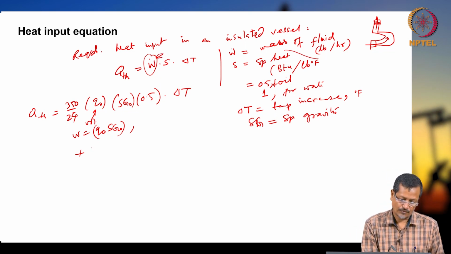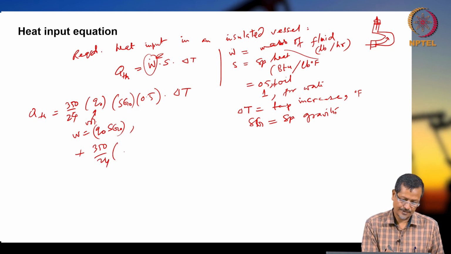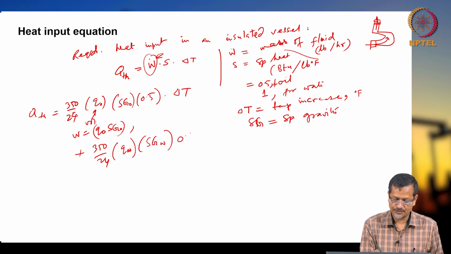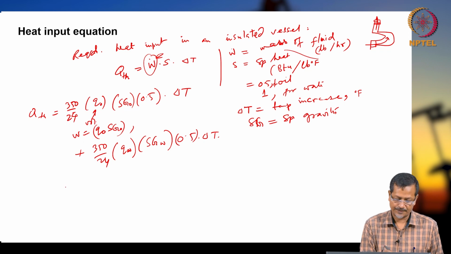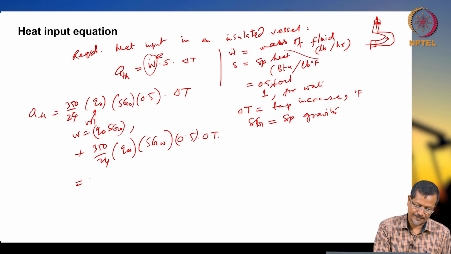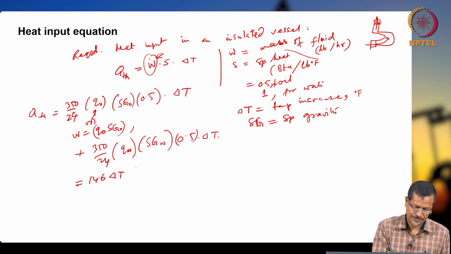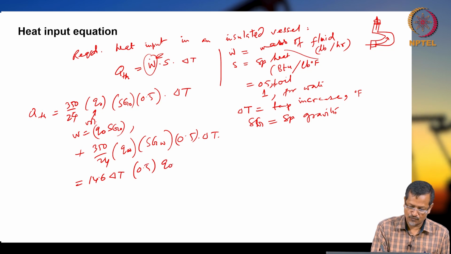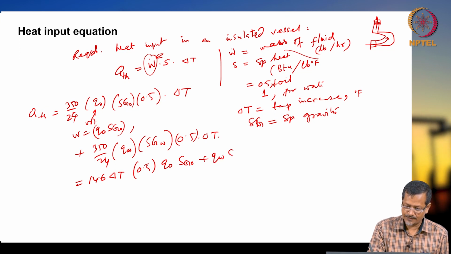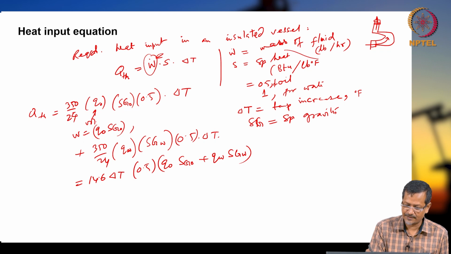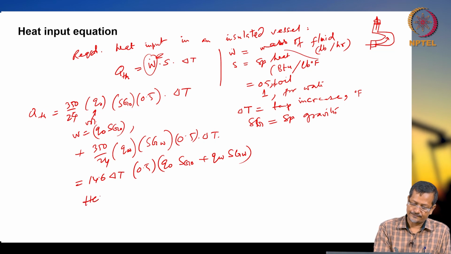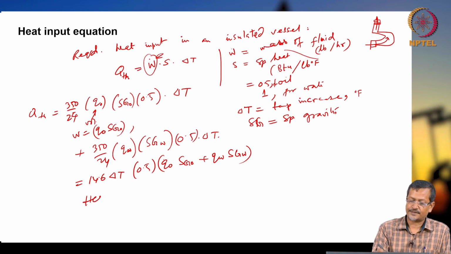So, 350 divided by 24, now Q oil, Q water, SG water 0.5 del T. If you summarize all this, it will come like this: 14.6 del T, 0.5 Q_O SGO plus Q_W SGW, specific gravity oil, specific gravity water. Here water is 1, so the 0.5 term is not coming.